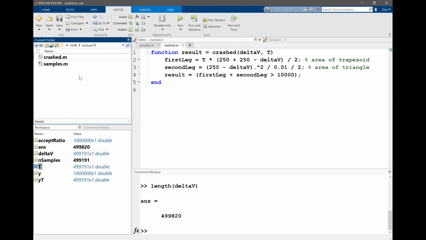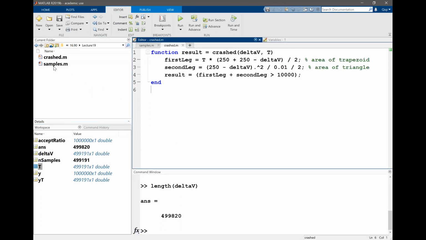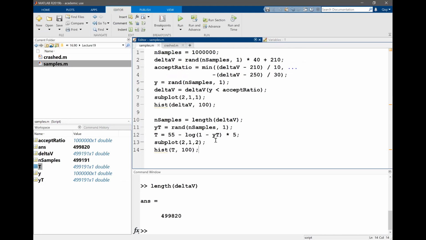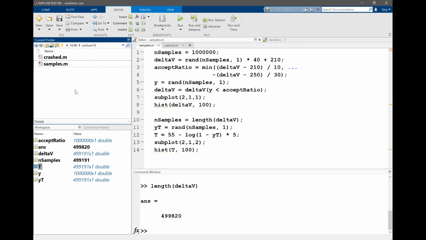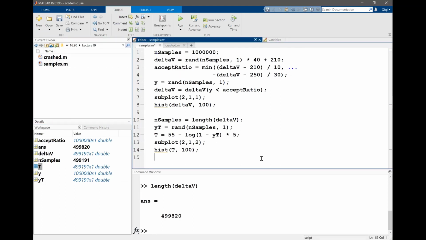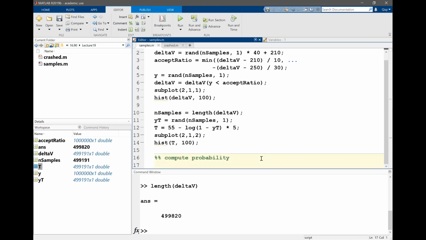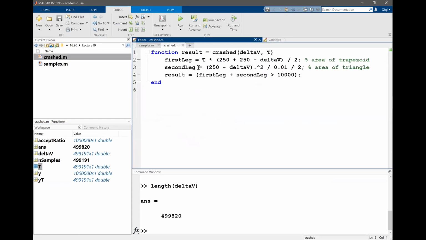Okay, so now the third part is going to be computing the probabilities. Let's actually just append to that. To compute the probability, we are going to be plugging each of the samples into the simulation, the crash. So let's make sure our simulation actually supports a vector of inputs, so the result is also going to come out as a vector.